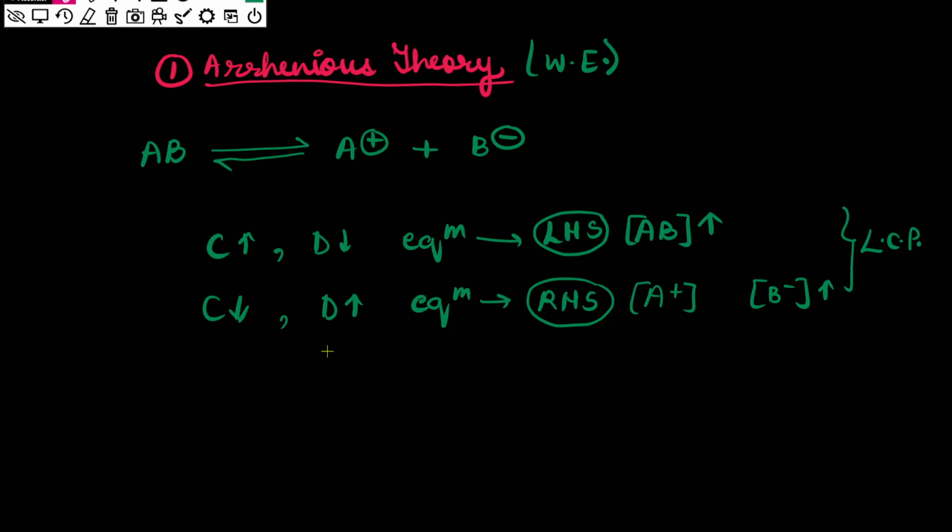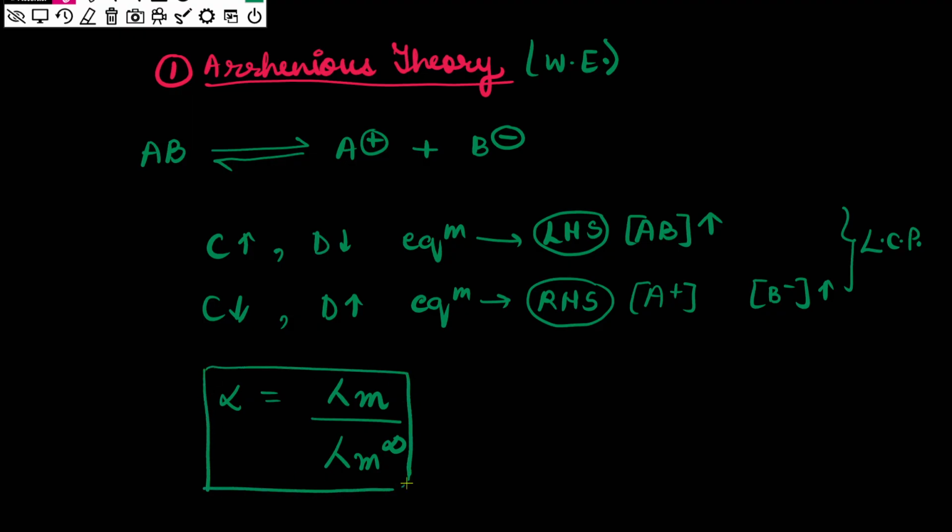So from here we can derive one important concept, that is degree of dissociation. This is one of the important terms. It talks about how much the ability of electrolyte to dissociate into its constituent ions. The degree of dissociation is also represented by alpha, and it is nothing but lambda m, that is molar conductivity at a particular concentration, upon lambda m infinite, that is molar conductivity at the infinite dilution.